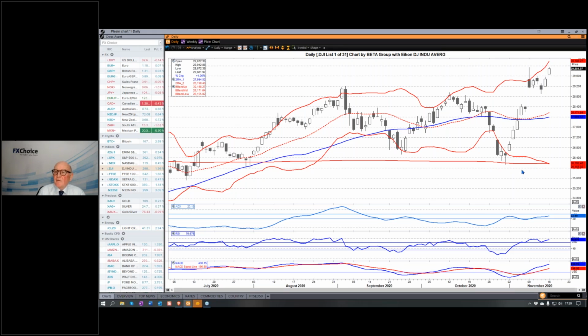We've got the moving averages in the right order, 20 above the 50, above the 200, the RSI pointing up, the ADX moving up, not yet too high, but I think it will get high. And the MACD, of course, is steady in both the weekly and the daily charts. So this is looking good. Don't forget that every tide has waves, and not all the waves are in the direction of the tide. So we're going to have zigzags like this, but at the moment, there's not an indication that it will be today.